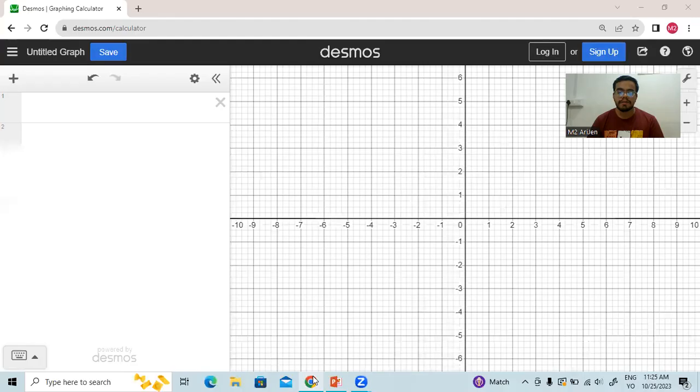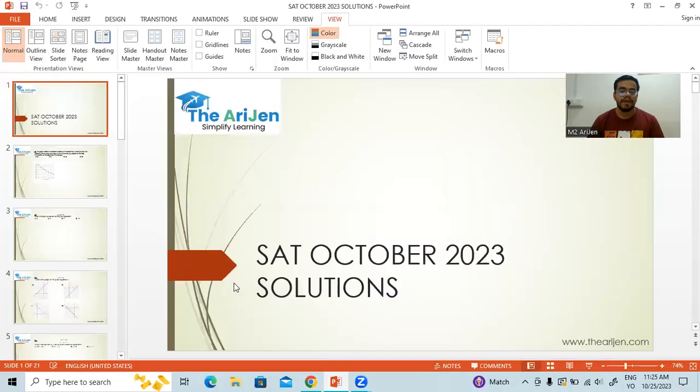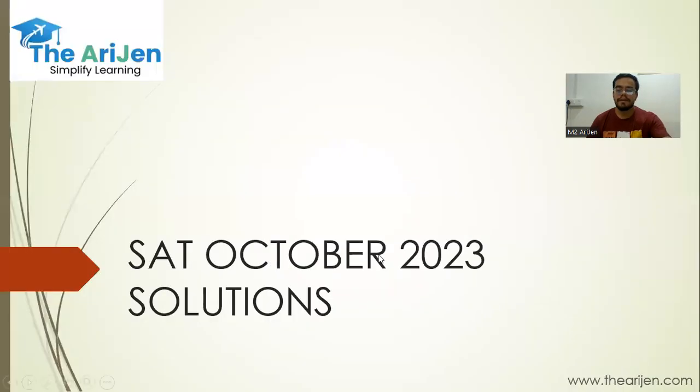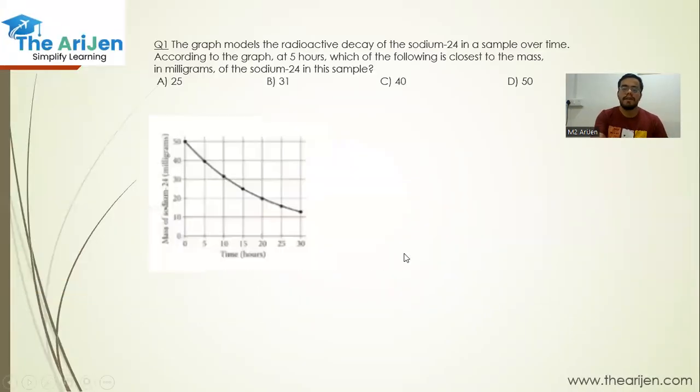So this is our Desmos. We are at the question paper, so let's start. The first question: the graph models the radioactive decay of sodium-24 in the sample over time.